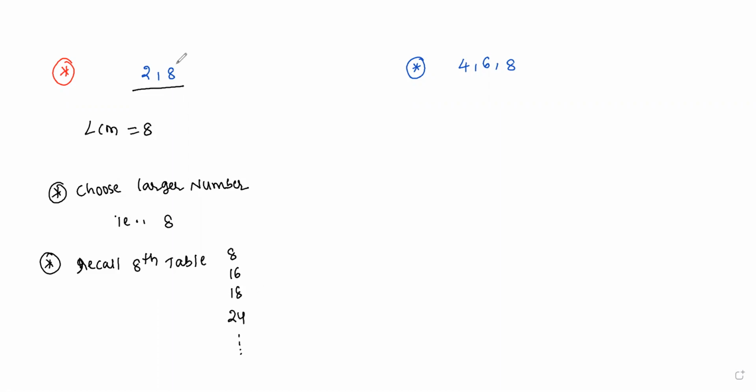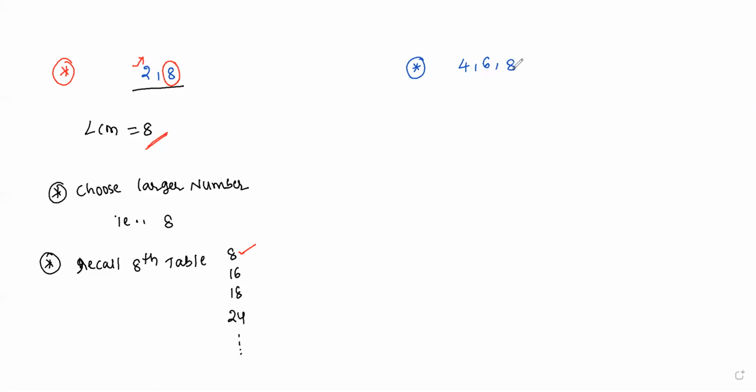Now you choose 8 and focus on the remaining numbers. First I take 8. Is this 8 divisible by 2 or not? Yes, it is divisible. So that is the reason LCM is 8.